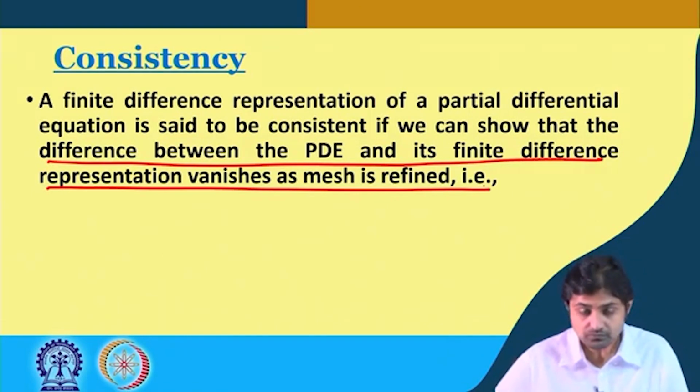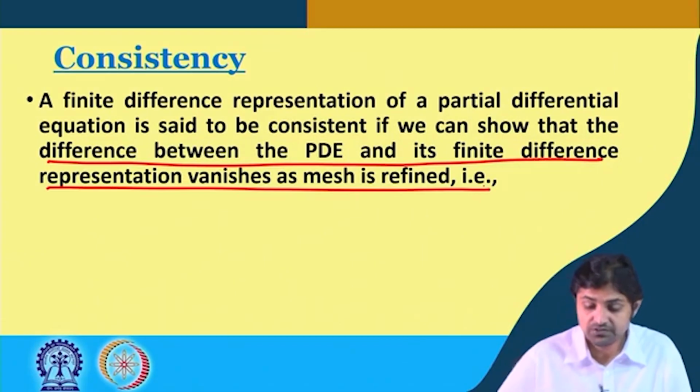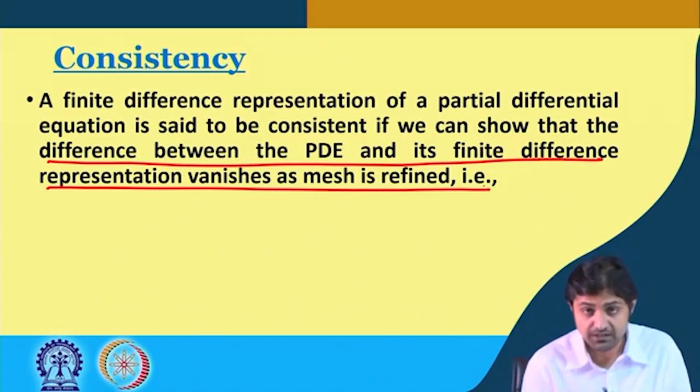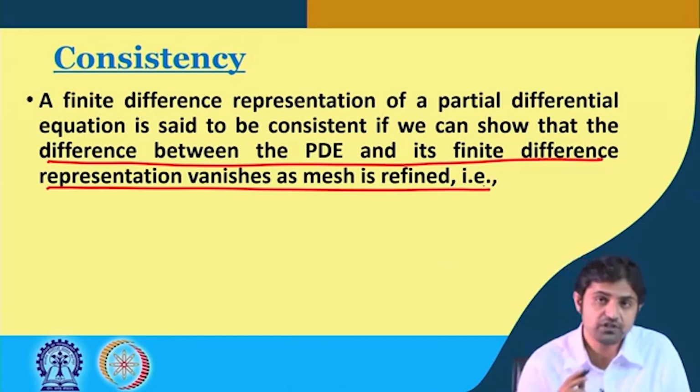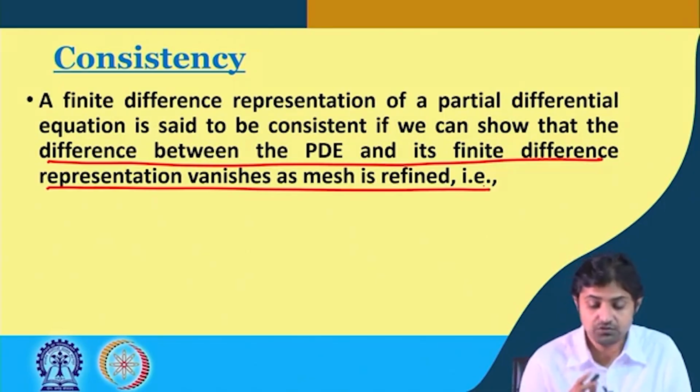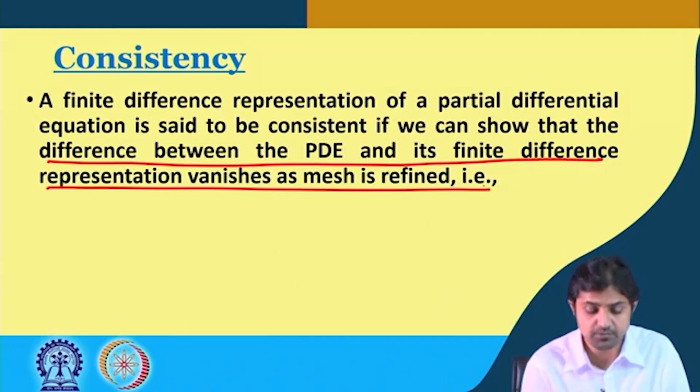In different words, we said that we are going to represent a partial differential equation in an algebraic form, correct? This algebraic form is currently the finite difference method, right? We are using the method of finite difference to represent it in algebraic form.